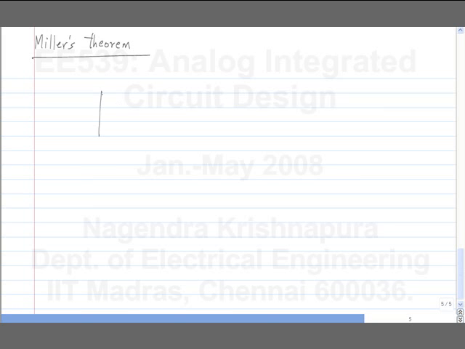If you have an amplifier of gain, I will make it deliberately a negative gain, minus A, and you have a certain coupling capacitor across the amplifier. If the voltage at the input is Vi, the voltage at the output will be minus A times Vi.